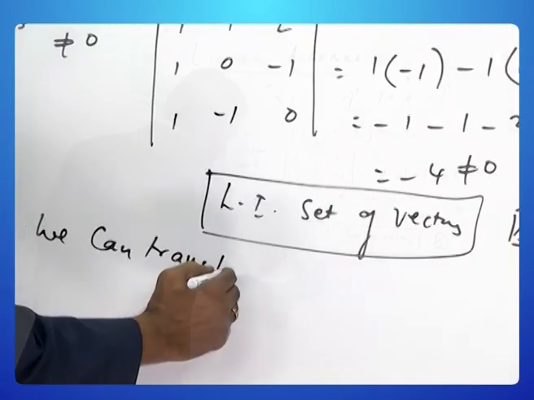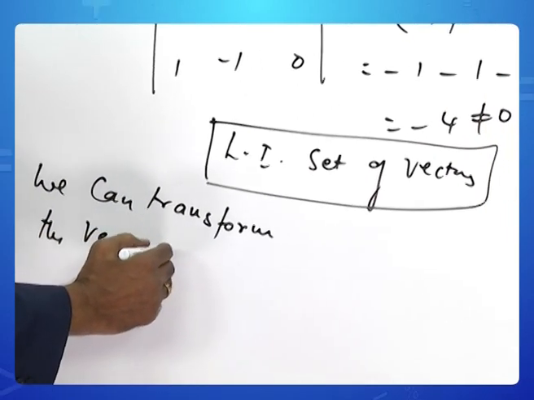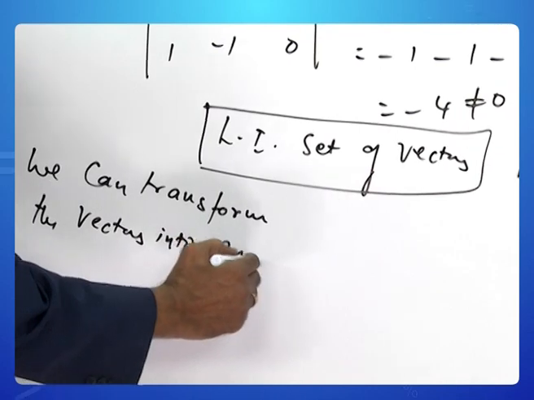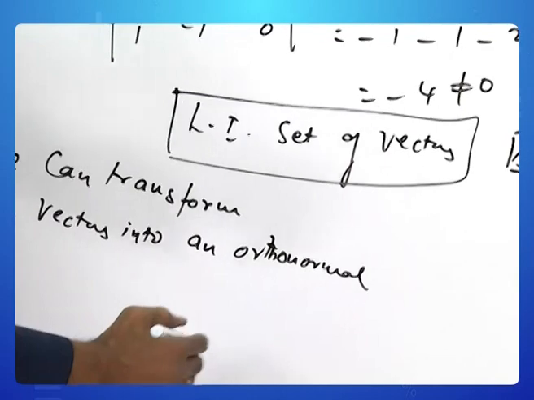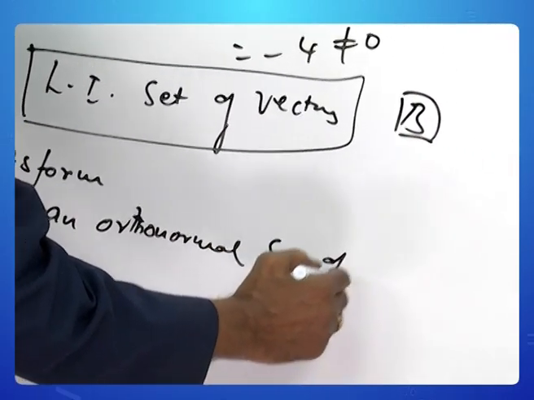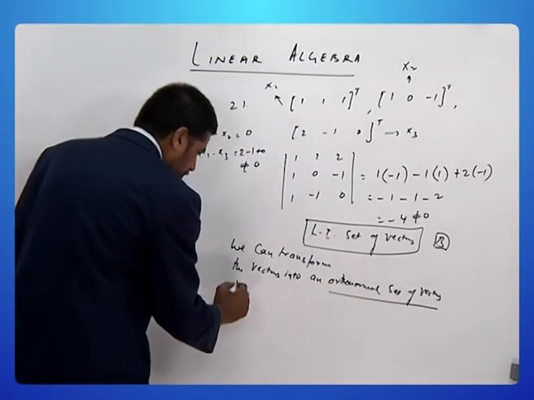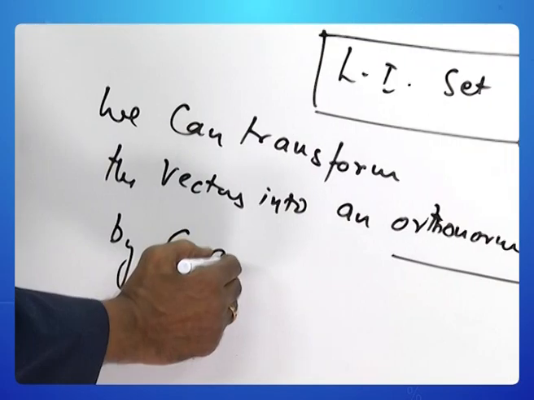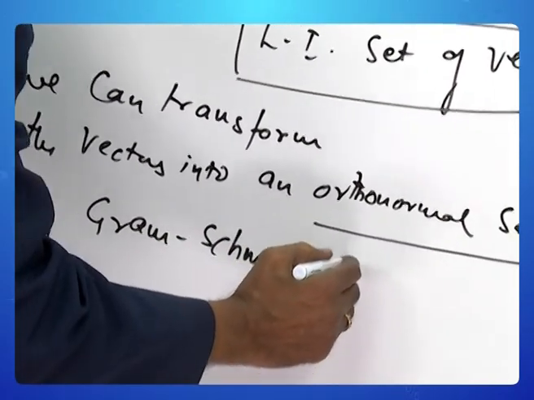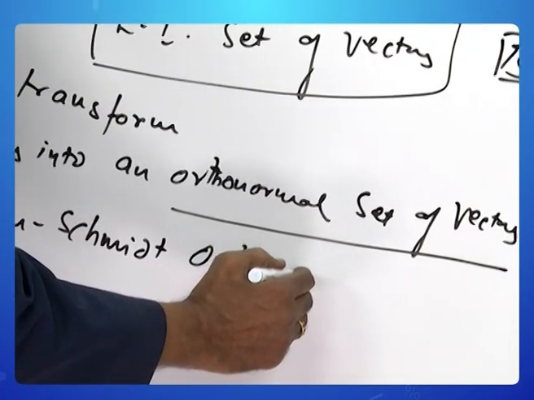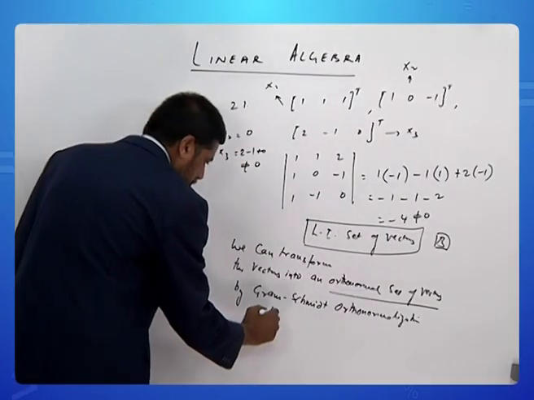So we can transform the vectors into an orthonormal set of vectors by a very special process known as the Gram-Schmidt orthonormalization process.